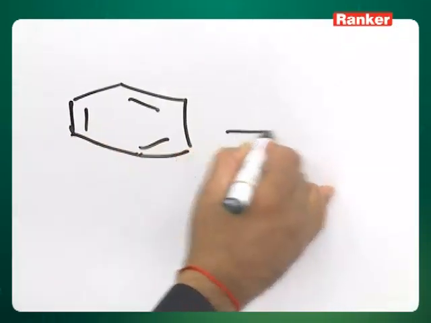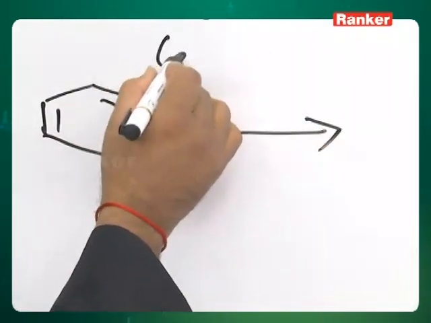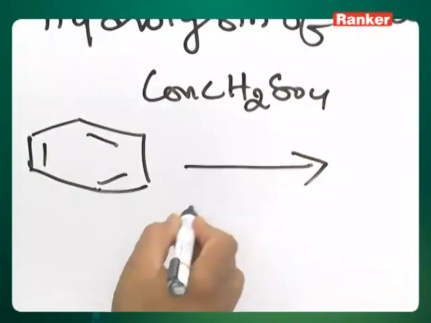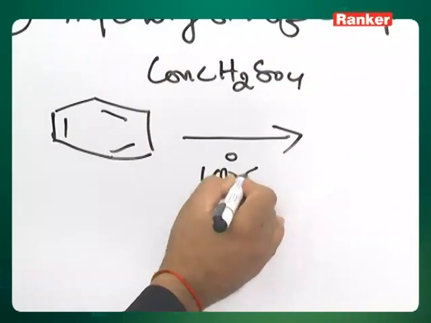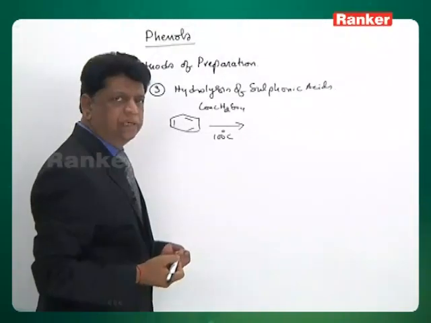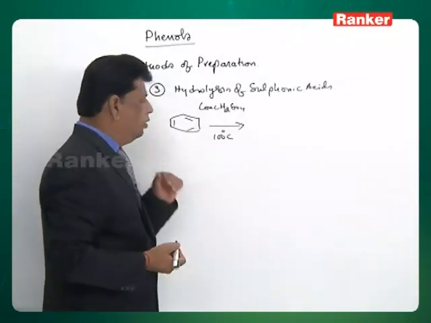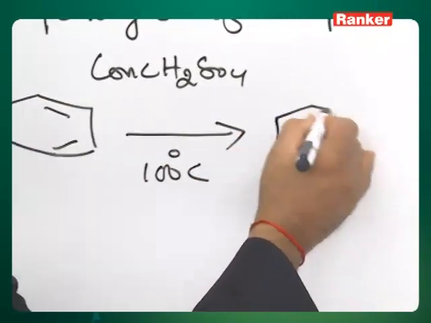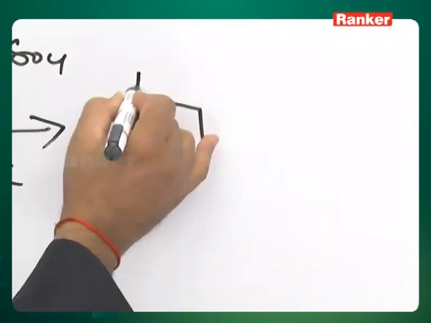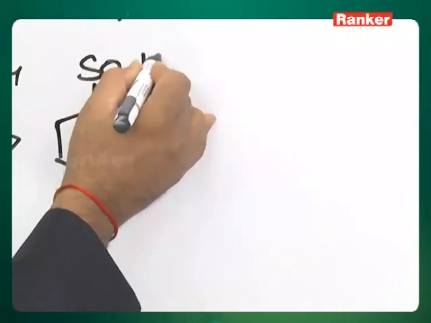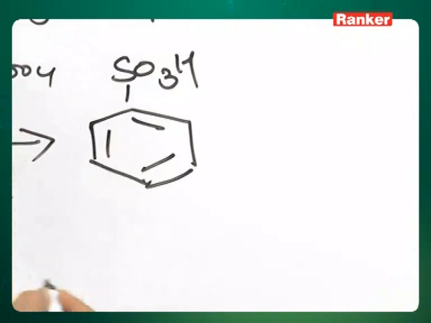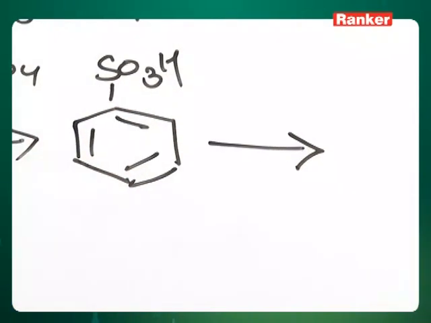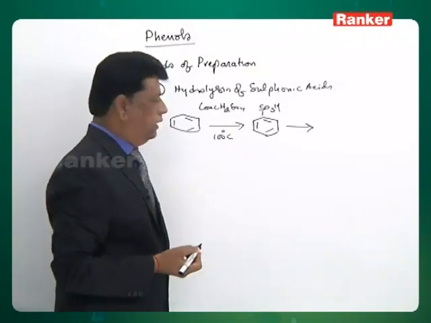So benzene on concentrated sulfuric acid at around 100 degrees centigrade. Sulfonation is electrophilic substitution. So benzene has a favorable condition to get this sulfonated product. Benzene sulfonic acid is prepared, then by hydrolysis reaction. However, just with water you won't get it.